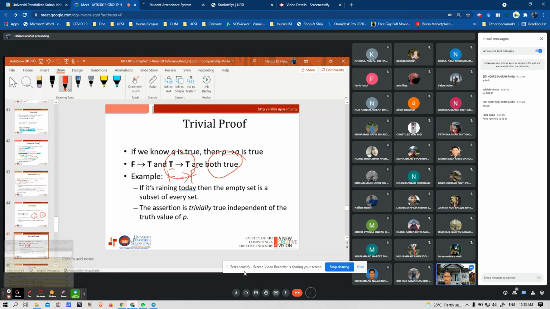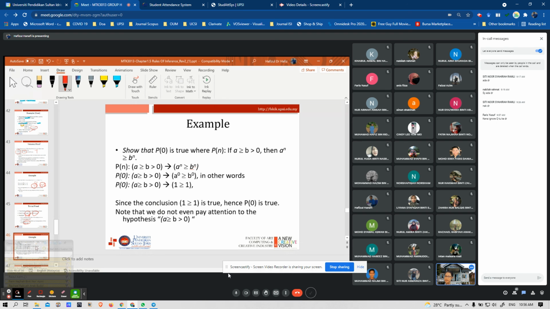For example, if it's raining today, then the empty set is a subset of every set, and the assertion is trivially true, independent of the value of p. For example, here, suppose P(0) is true when P(n) is if a is greater or equal to b greater than 0.